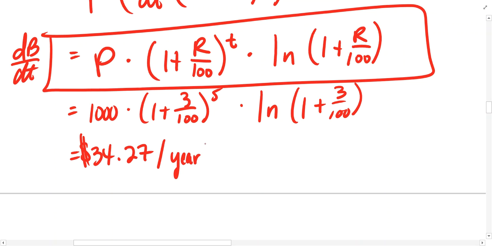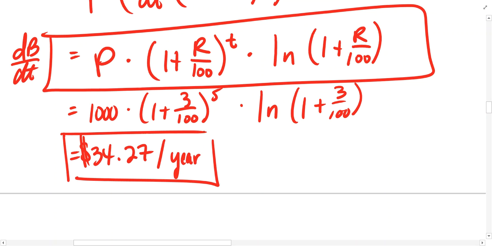Since we're dealing with a rate here, this is the derivative of our balance. This is telling us that our balance is changing $34.27 per year. It's increasing by approximately $34.27 per year after being left alone for 5 years' time. dB/dT is the rate of change of our balance with respect to time. How does our ending balance change with respect to time?